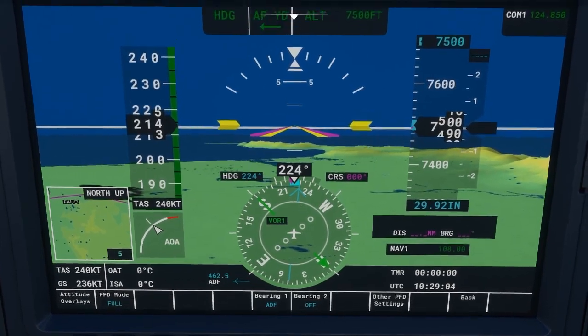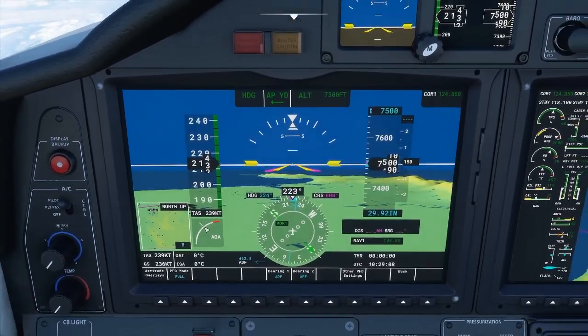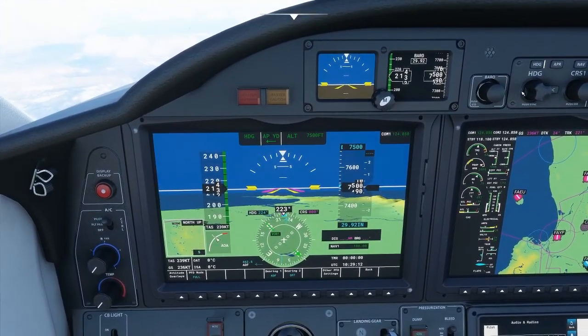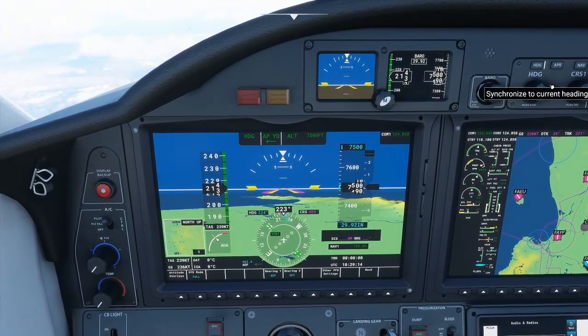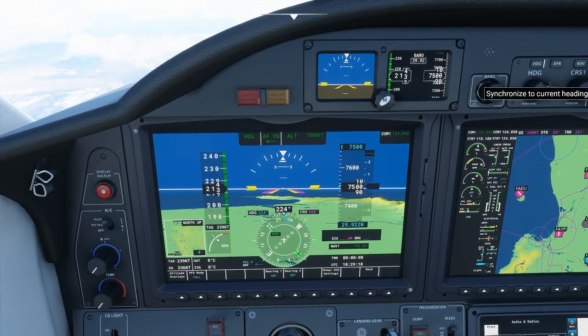So that's why that is. We'll look at tracking NDBs properly, but first thing I want to check is if we turn to the right, is there any lag on the needle from the dip of the bank?